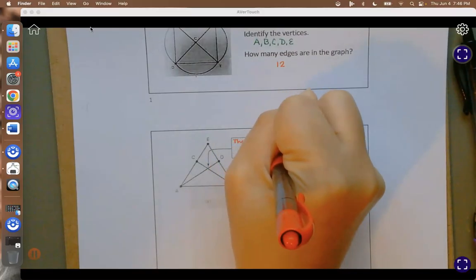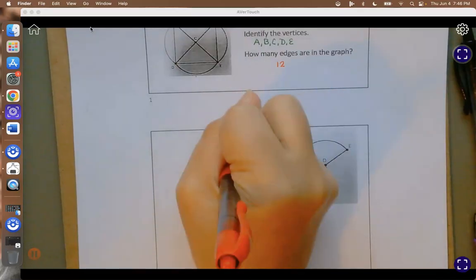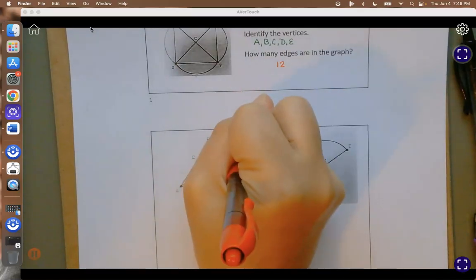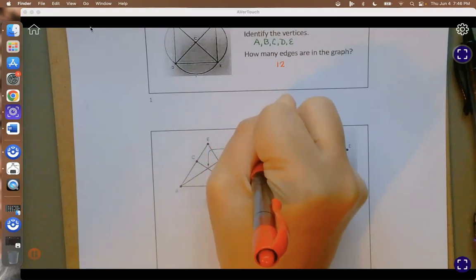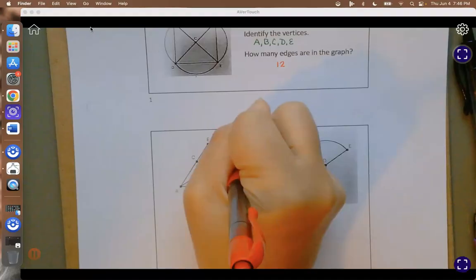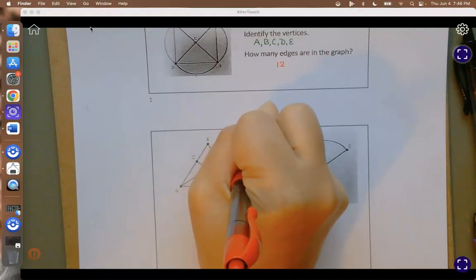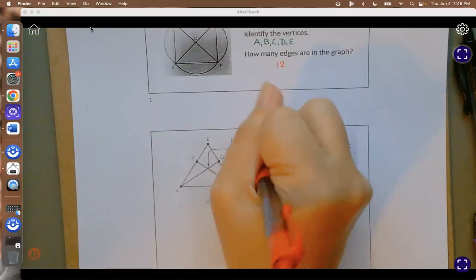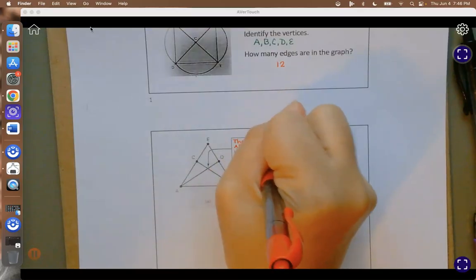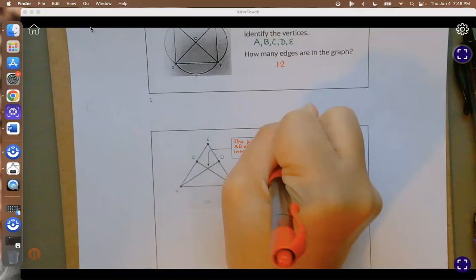It has AD, has AB, has AC, has BC, has BD, has DE, it has CE. It has all the same edges and the same vertices, but it's much neater.